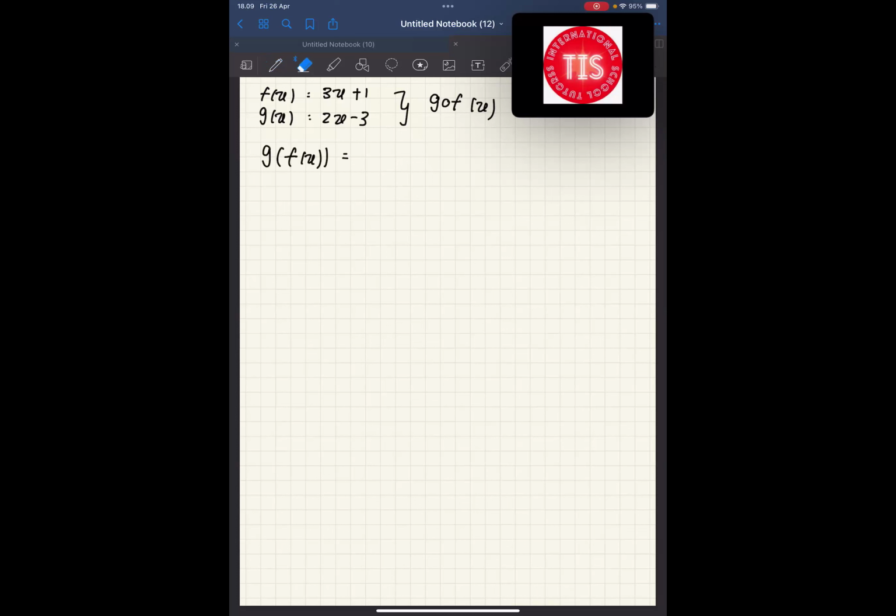So the g itself is 2x minus 3. We are changing the x to the f(x). So the f(x) is 3x plus 1. So 2, we multiply by 3x plus 1, and we minus it by 3. This is going to be 6x plus 2 minus 3, which is equal to 6x minus 1.